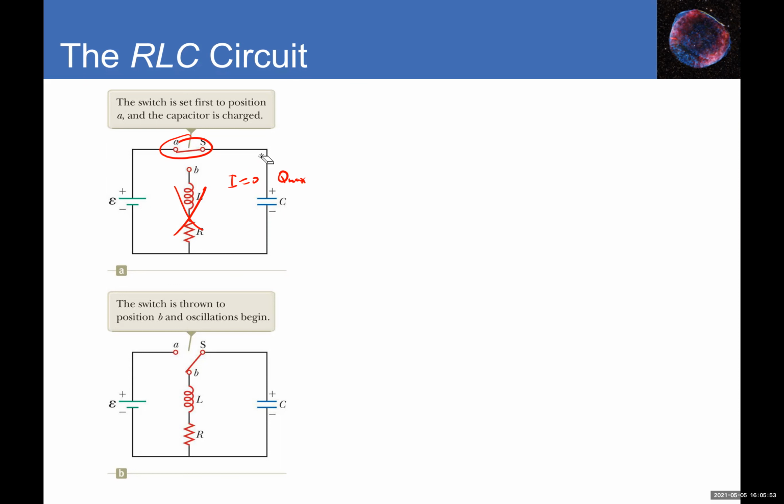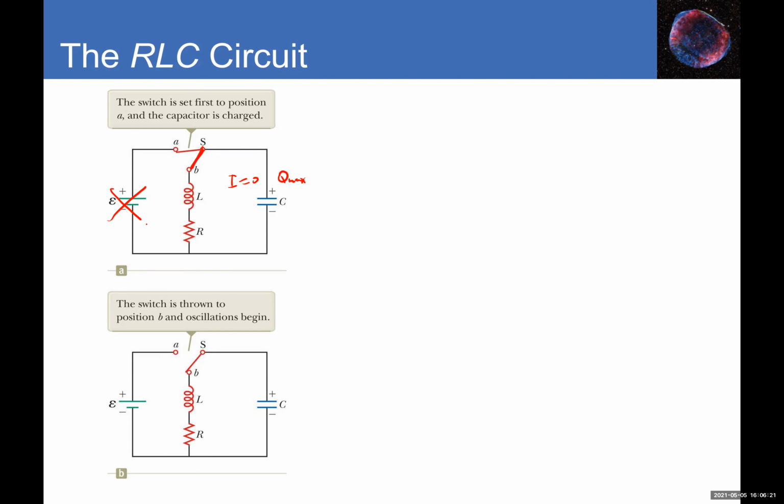All right, so now, we're going to take the circuit to be more or less an ideal circuit, in a way that there is no electromagnetic radiation from the circuit or something like that. We can assume that there's always going to be conservation of energy when I take the switch and throw it from position A to position B. By doing so, I completely disconnect the EMF source.